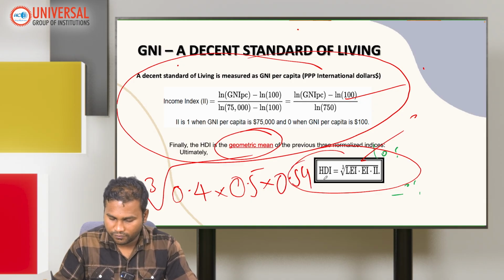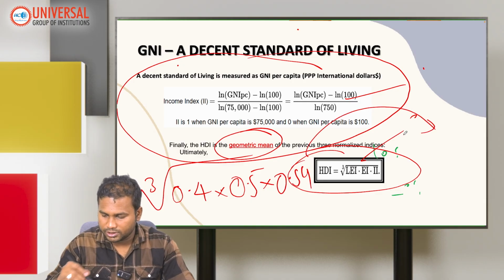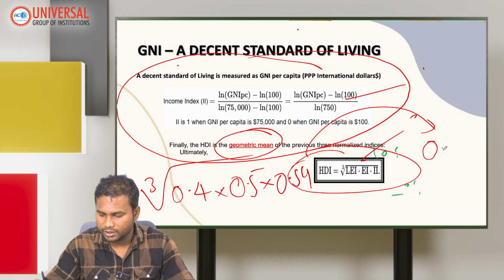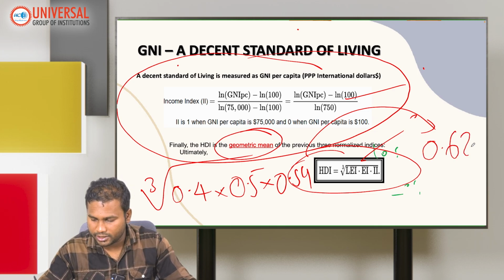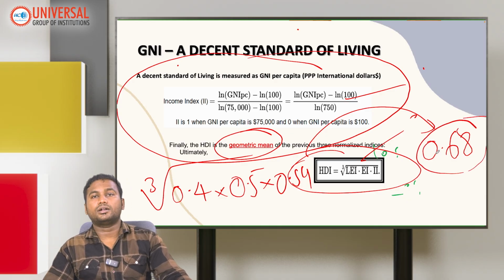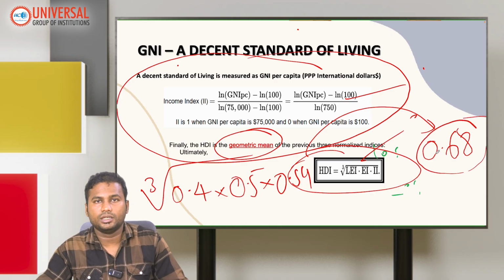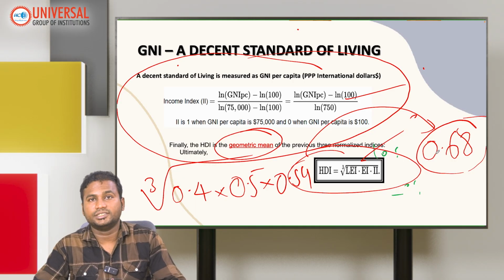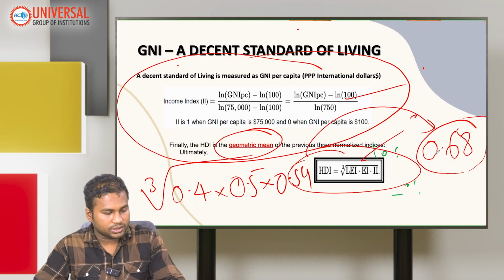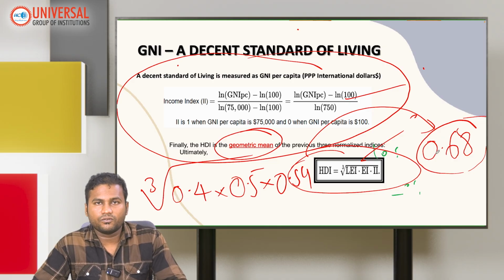The ultimate sum, a hypothetical value, will be around 0.68, derived with the usage of geometric mean.